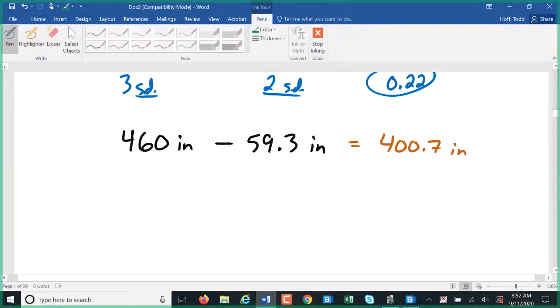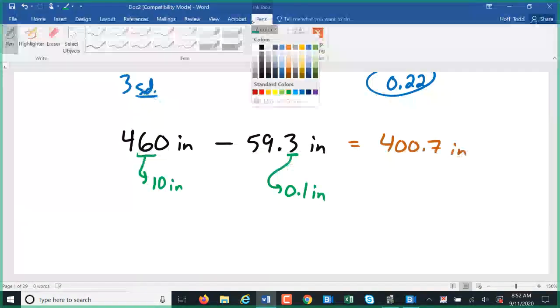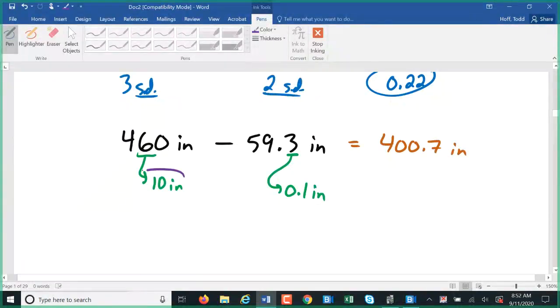When we add or subtract, it's precision that we worry about, the place value. This is precise to the nearest 10 inches. This is precise to the nearest tenth of an inch. The lesser precise is the nearest 10 inches. So my answer has to be rounded to the nearest 10 inches. That 0 is in the tens place. The next digit's a 0, so that's going to stay 400.